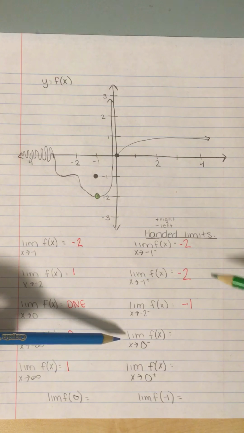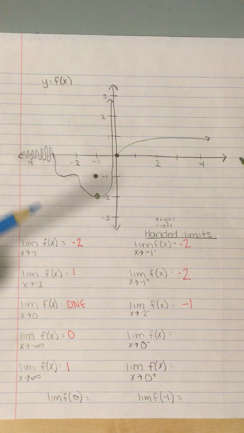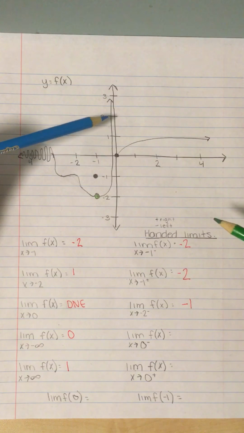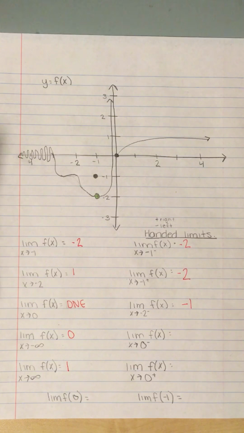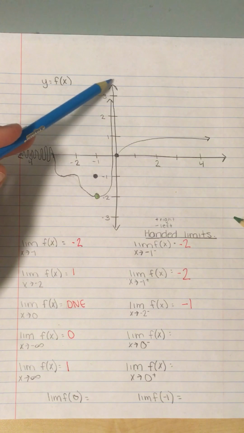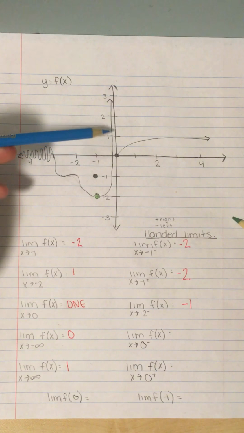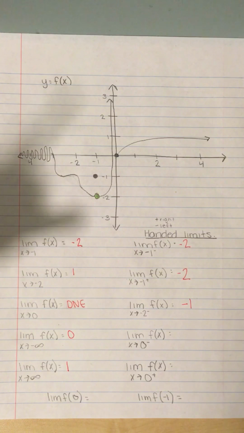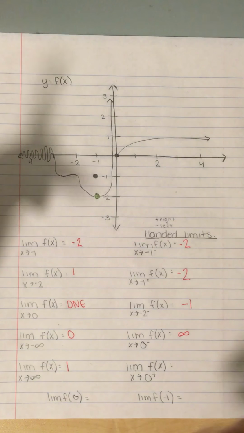So when we're trying to find the limit of this function as x approaches 0 from the left side, we're going to only go on the left side and trace our function closer and closer to 0, and as we can see, it's getting closer and closer to positive infinity, which would be all the way up here. So as it approaches 0 from the left, it's going to positive infinity.